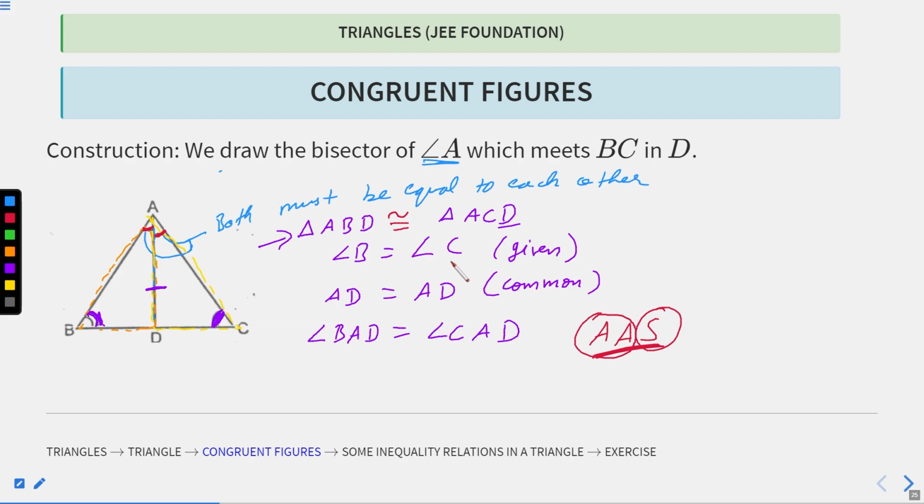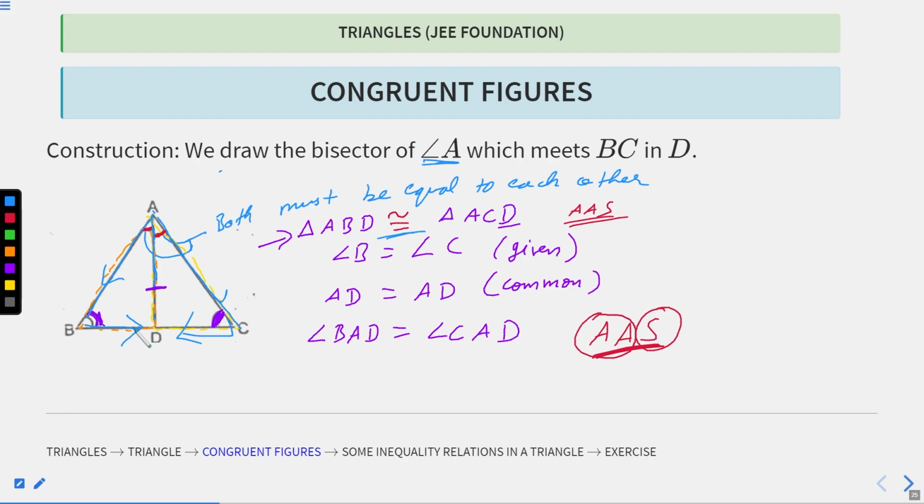So using AAS, triangle ABD is congruent to triangle ACD. I hope this is clear to you.